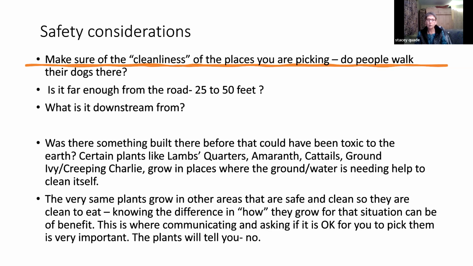Ground ivy grows where the ground has just been disturbed, like amaranth and lamb's quarters. If the ground is bare, nature doesn't like to have bare spots. And so those kinds of plants will fill in to keep things from eroding and to optimize the minerals in the soil that have been exposed.